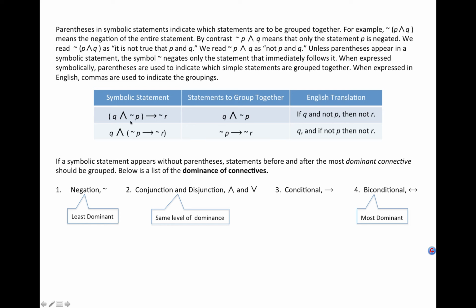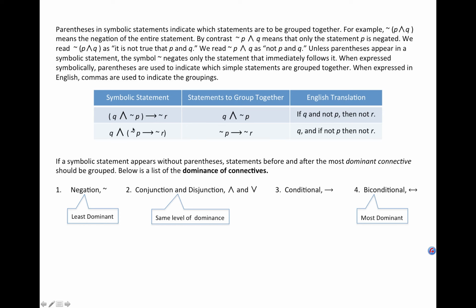Okay, so notice here, because I have the first two simple statements combined into a compound statement in parentheses, that's what we group together. If P and not Q before the comma, and then not R on the other side of the comma.